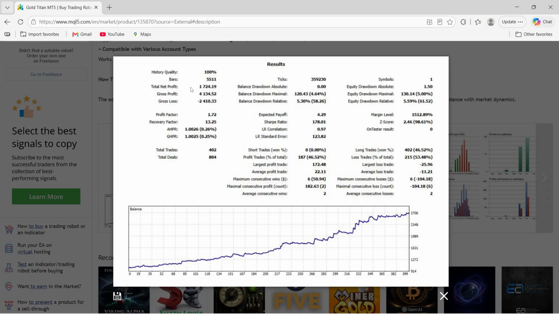You can see there was a total net profit of $1,724, even though the initial deposits and test period were not specified. You can see there was a profit factor of 1.72 and a balance drawdown of 4.64.